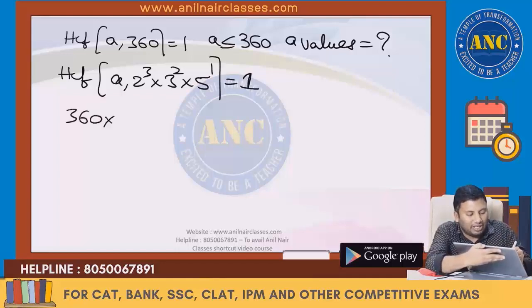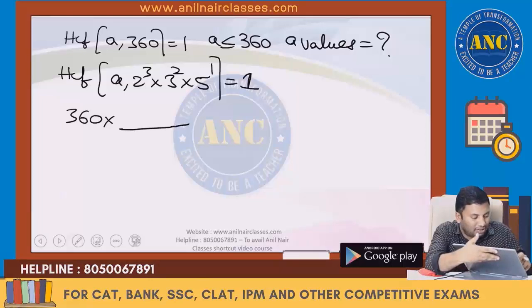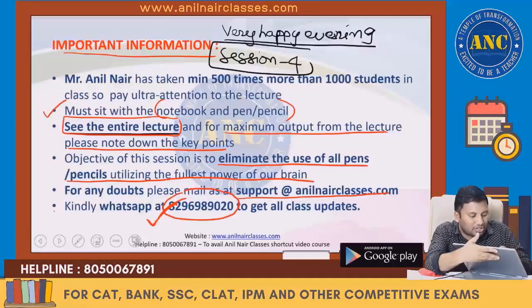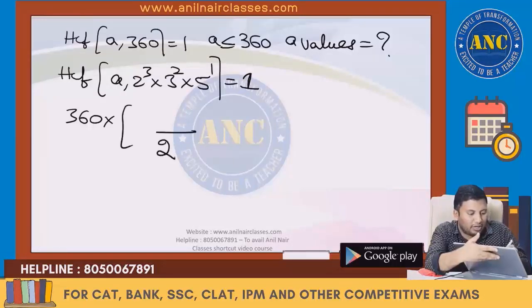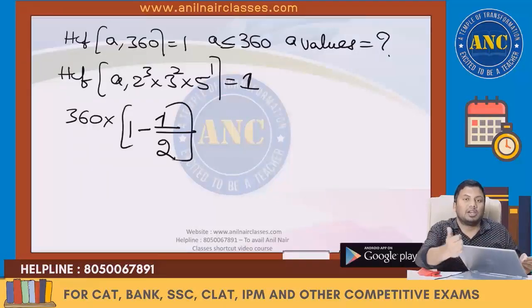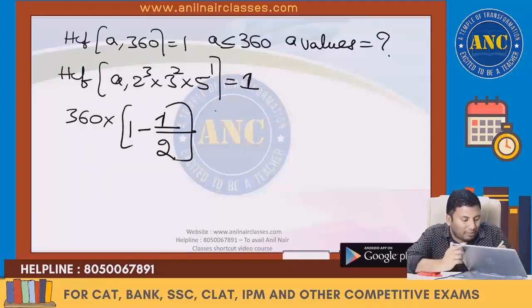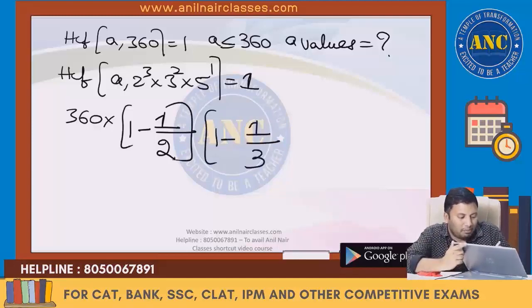For every 360 consecutive natural numbers, see here, for every two consecutive numbers, one number is divisible. The remaining are not divisible by 2: 1 minus 1 by 2. Out of 3 consecutive numbers, one number is divisible.